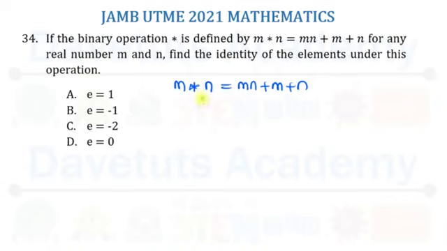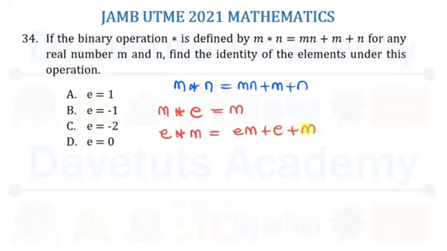So, for the identity element, we need to come to terms with the fact that if E is our identity element, m asterisk E should give us m, and then E asterisk m should give us Em plus E plus m. And these two equations, they must be equal.